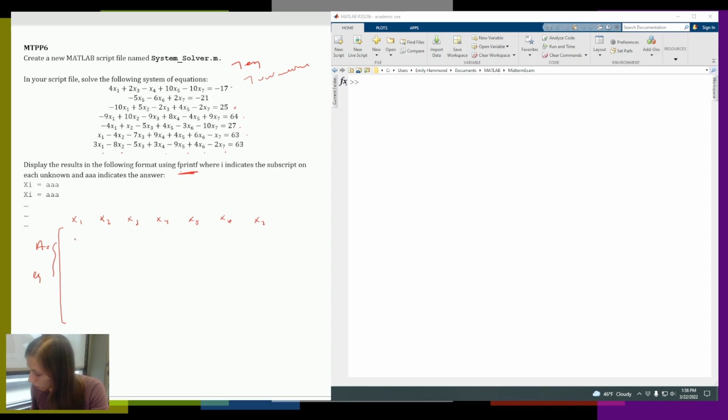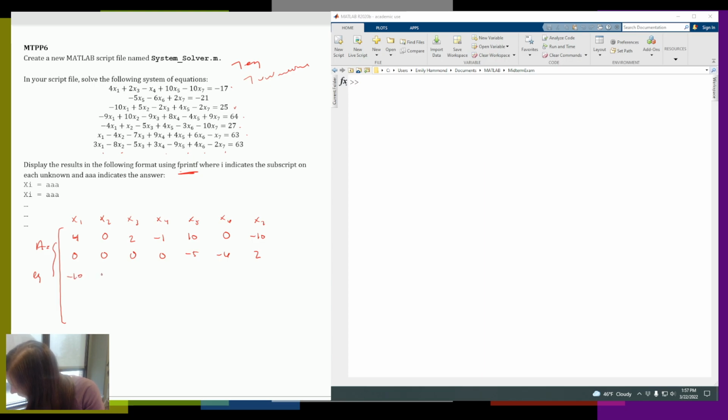Okay, so for equation 1, there's a 4 in front of the x1. There's a 0 in front of the x2. There's a 2 in front of the x3. There's a negative 1 in front of the x4, a 10 in front of the x5, a 0 in front of the x6, and a negative 10 in front of the x7. So then I keep going through with all of my equations. So I have 0, 0, 0, 0, 5, 6, 2.